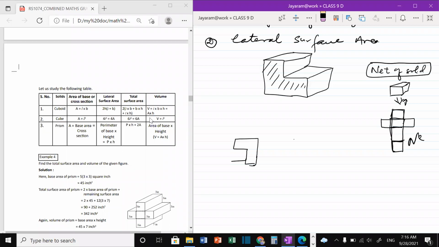Okay, this is very interesting. If you want to make that box, this kind of prism, here you have to make in paper like this shape.